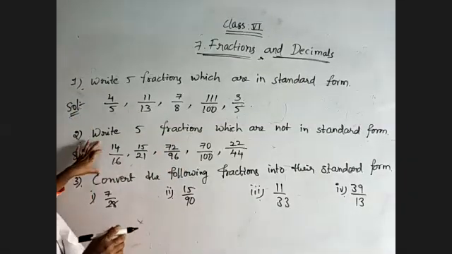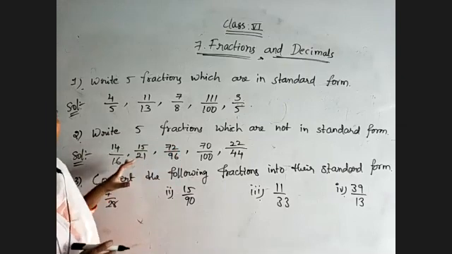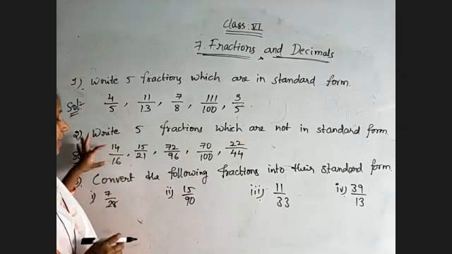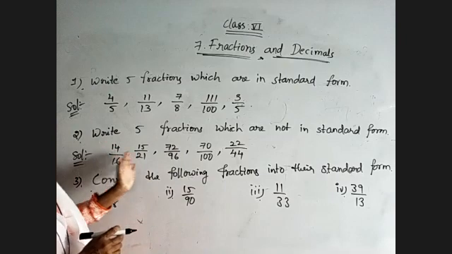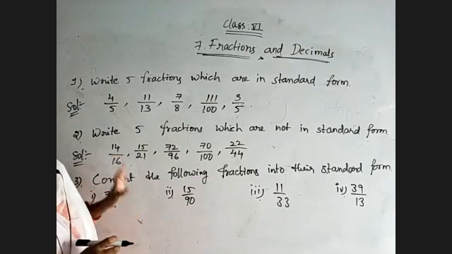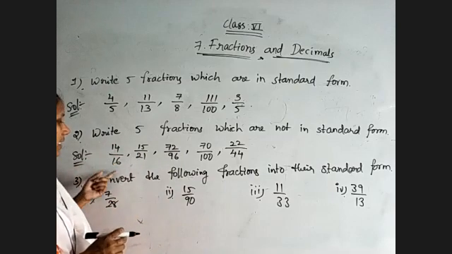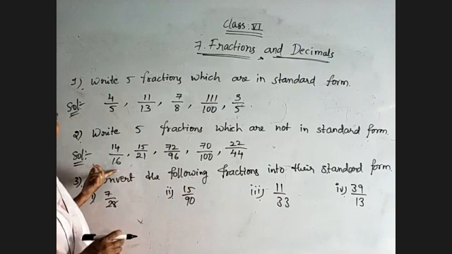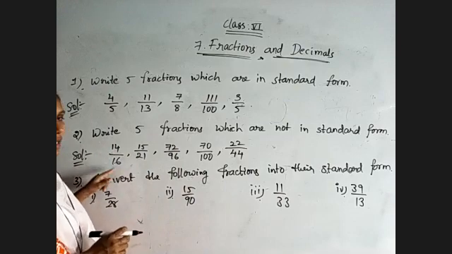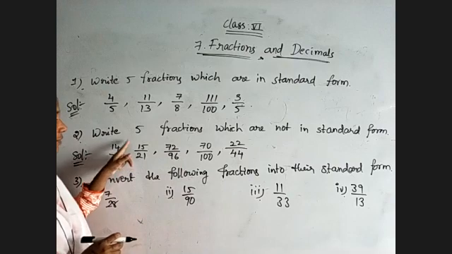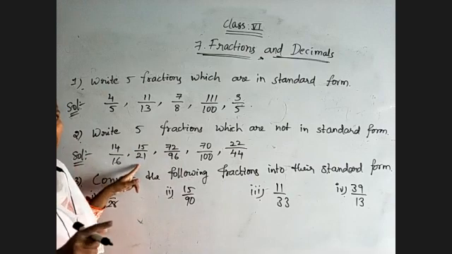The second problem, the fractions which are not in the standard form we must write. So where the cancellation is possible, all those fractions are not in the standard form. See, just observe 14 and 16 having the common factor 2 except 1. So that's why they are not in the standard form. Even 15 and 21 also having the common factor 3 rather than 1.